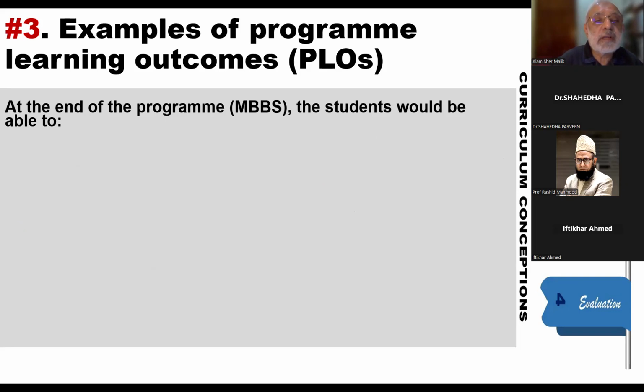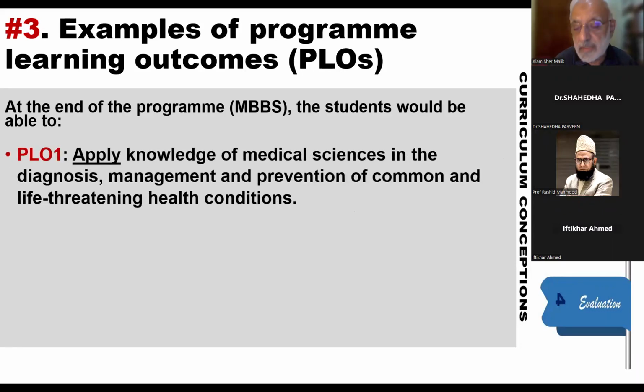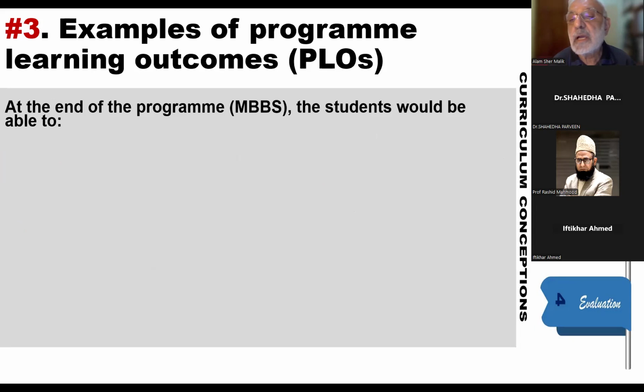Now, examples of program learning outcomes. Once we have these EPAs, based on that we have these program learning outcomes. Here I'm giving the learning outcomes which have been identified by the Malaysian Qualifications Agency.